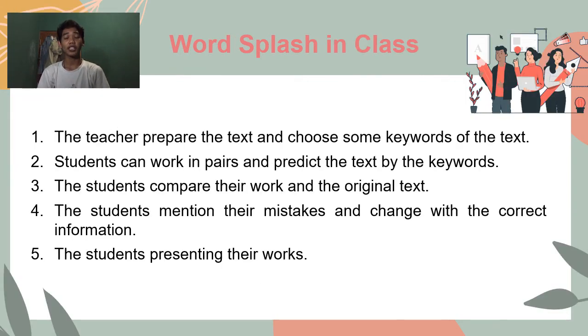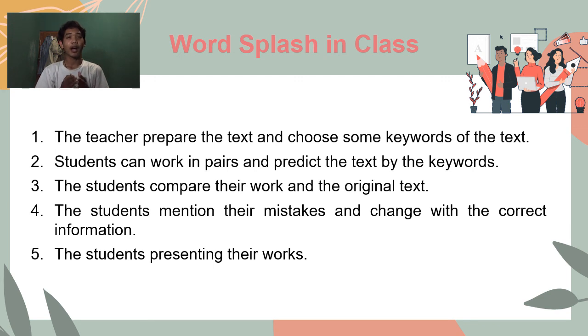In implementing word splash in reading class, the teachers can follow these steps. The first is that the teachers choose several keywords of the text and write the keywords on the blackboard or make copies of them. And then the teachers ask the students to work in pairs and make a prediction about how the words are connected.